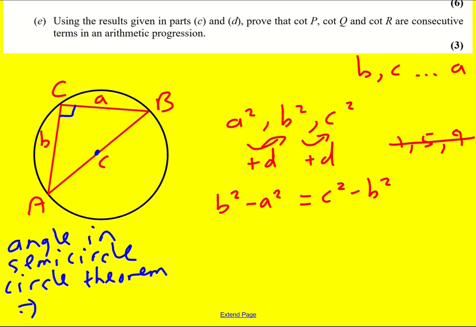So this implies that angle ACB is equal to 90 degrees. And therefore, a squared plus b squared is equal to c squared.